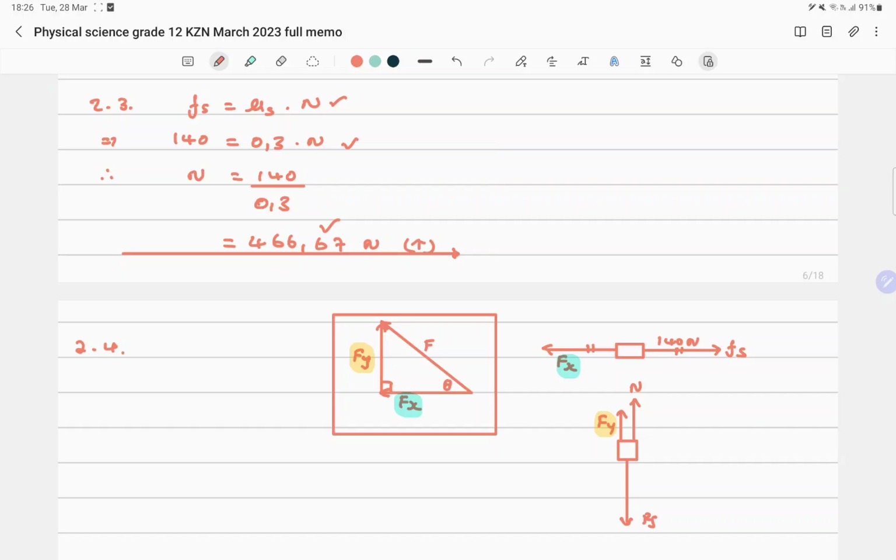First of all, I'm going to say, considering the horizontal components, I know that, well, Fx plus Fs is equal to 0, isn't it? Yeah. That is the story.